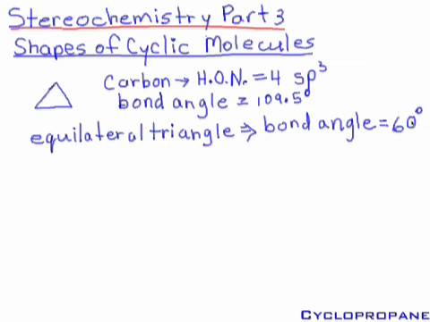Clearly, there is a deviation between the expected bond angle of 109.5 degrees and the observed bond angle of 60 degrees in an equilateral triangle. This deviation between the two angles equals 49.5 degrees.